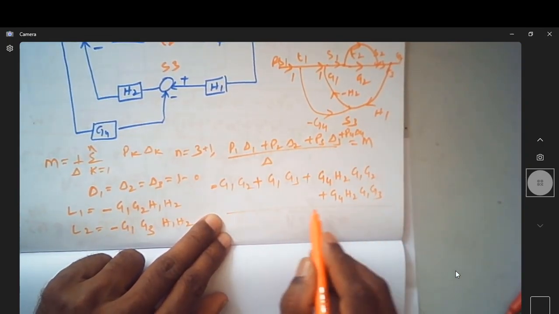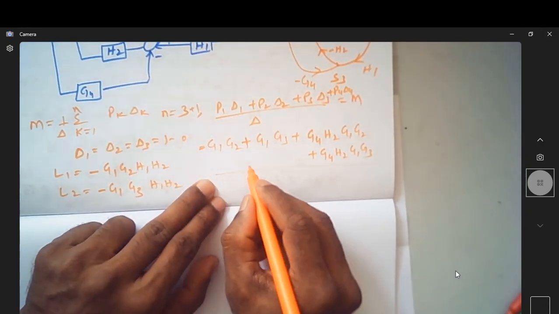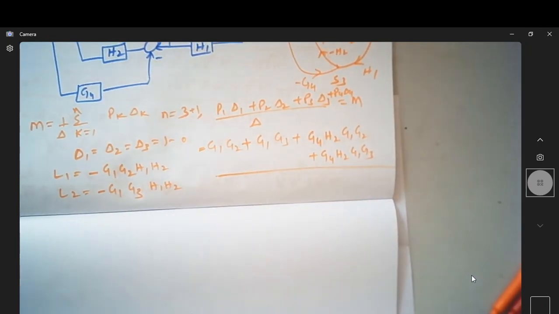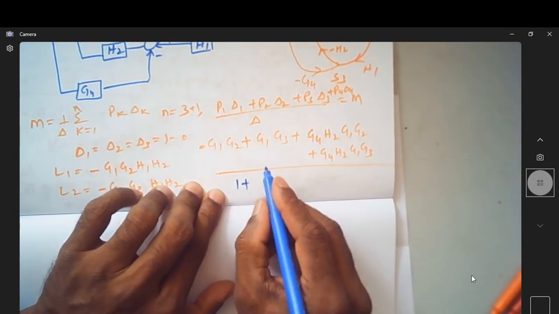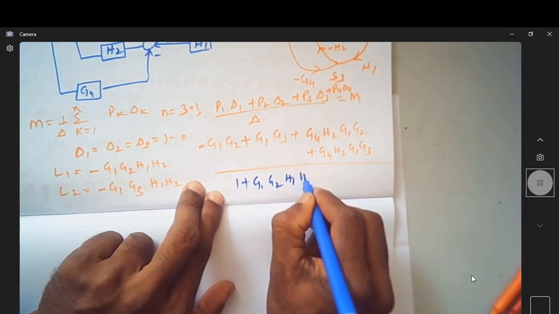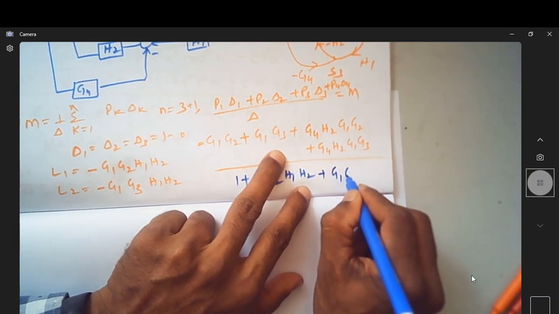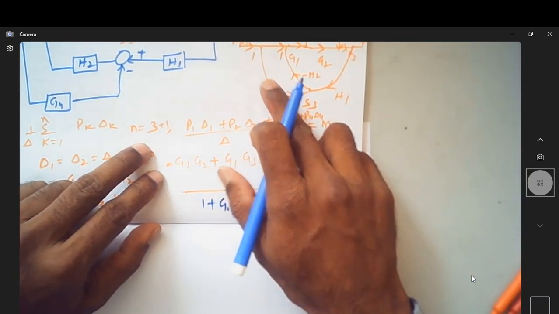divided by the individual loop gain. So it is divided by, what's the gain? It is 1 plus G1 G2 H1 H2, and the other one is plus G1 G3 H1 H2, and this is not a loop.